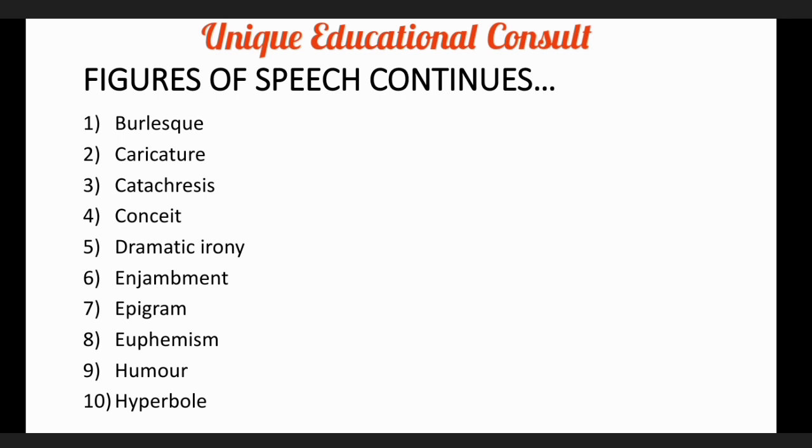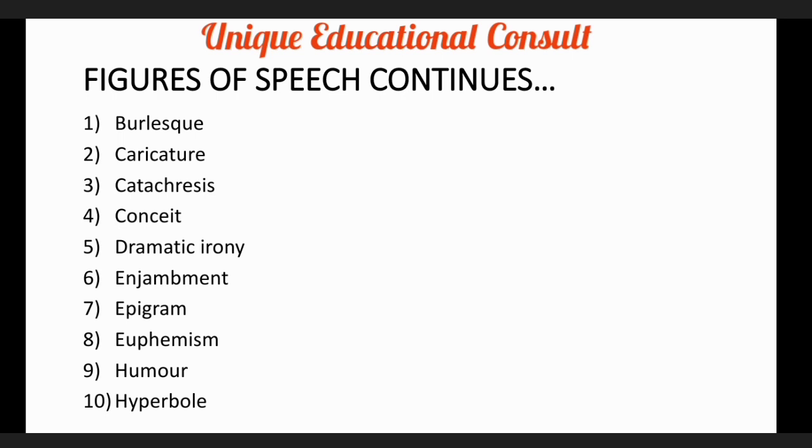That is, when line 1 of the poem begins, there is no full stop, but it continues to the second line, so also to the third line, until you have a full stop. That is what is called enjambment, or run-on line.